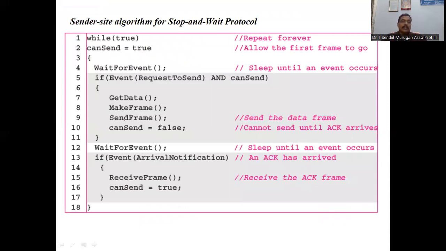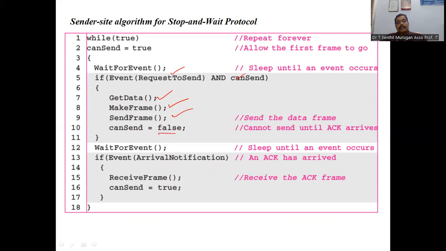Here, two things are there for the sender side. One is the request to send, or cancel the send. Further, it will get the data from the network layer, make the frame, and send the frame. Then canSend equals false, meaning it waits for the acknowledgement before sending again.